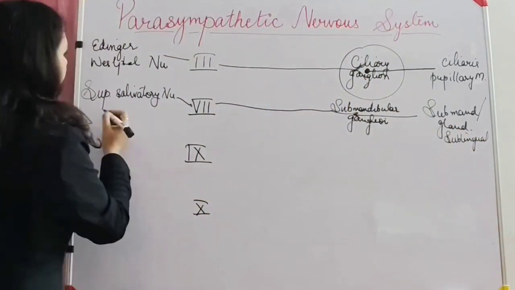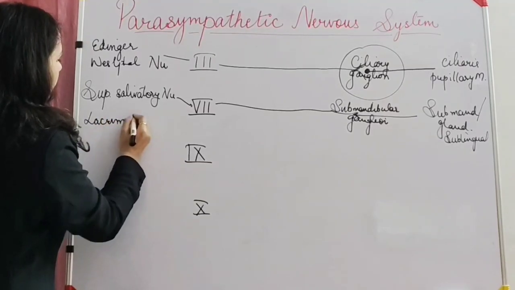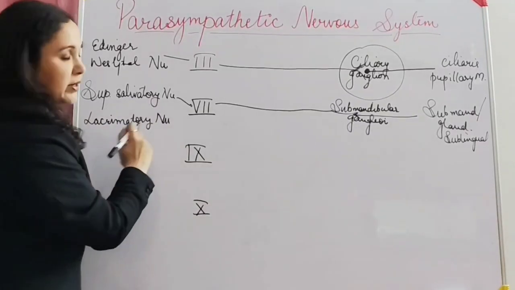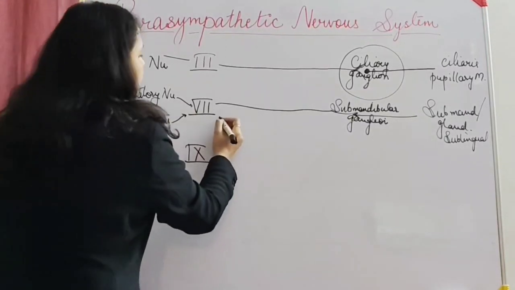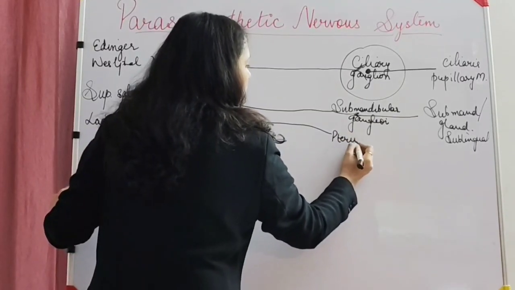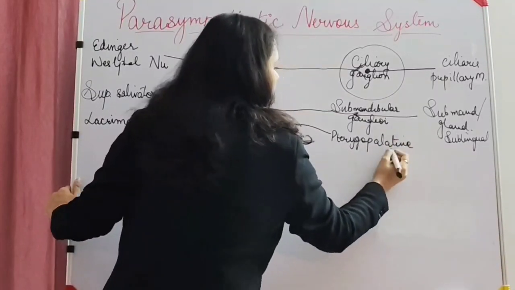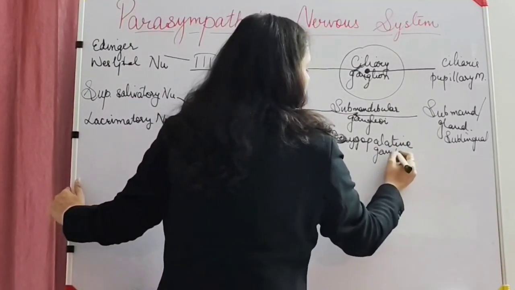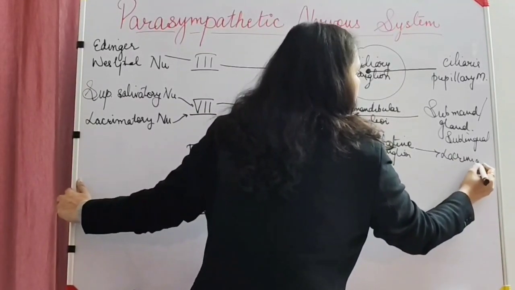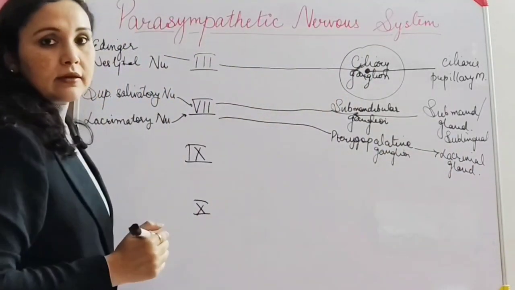Then there is another nucleus, the lacrimatory nucleus. Again, the fibers arise from the lacrimatory nucleus, go along the seventh cranial nerve, and relay in the pterygopalatine ganglion, and the postganglionic fibers supply the lacrimal gland, and this is how the tears are produced, right?